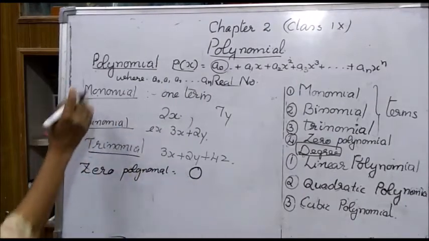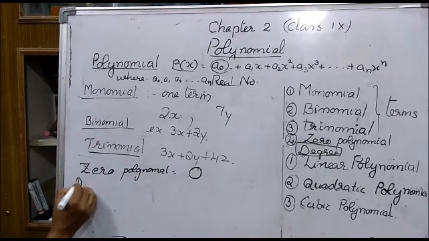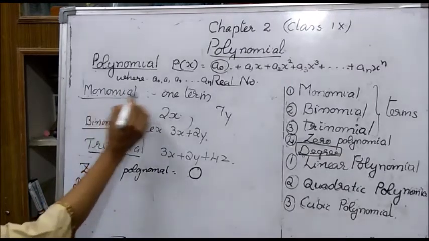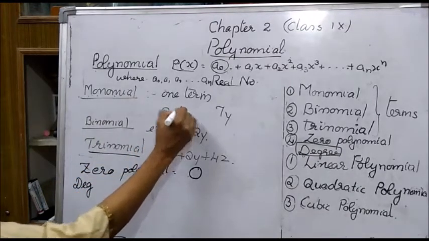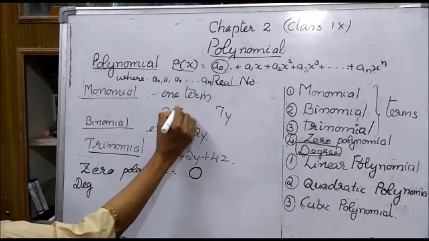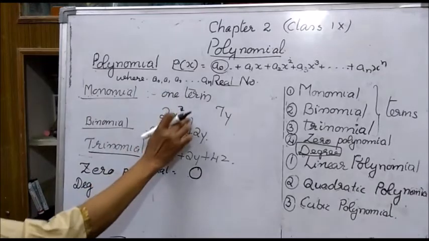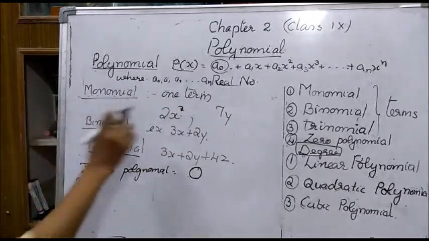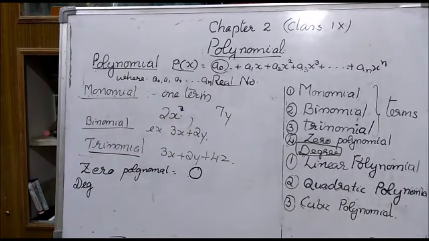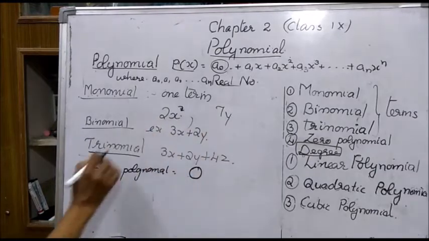Now, the degree of these polynomials. For a monomial, the degree can be 1, it can be 2, it can be 3, like that. But there is only one term. The power can change, it can be 2, it can be n also. In a binomial also it is the same.